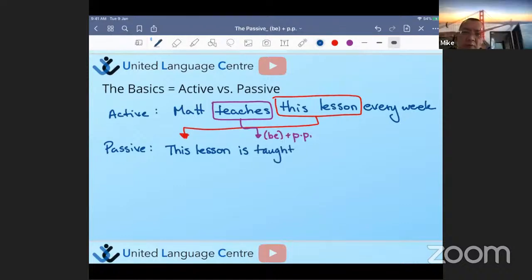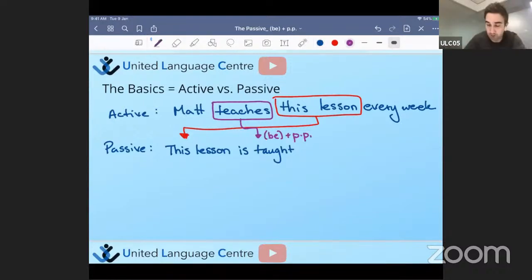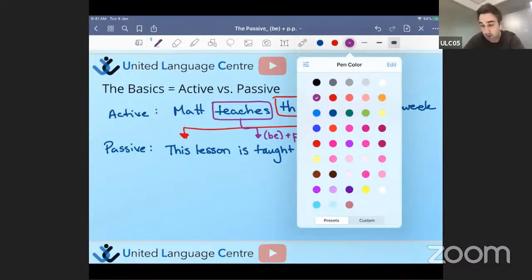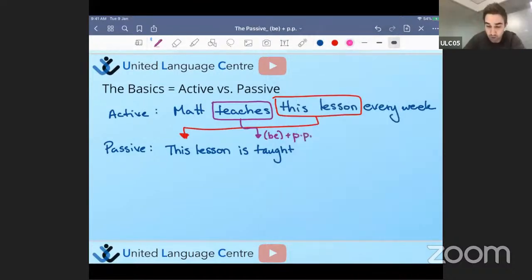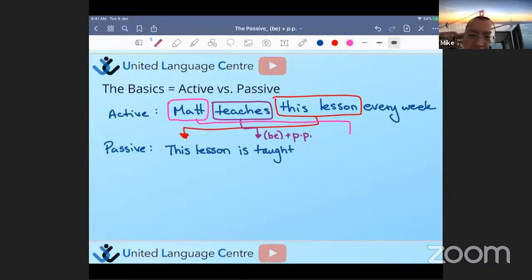This lesson is taught, and then if we want to introduce the doer or the subject, we need to use 'by'. So this lesson is taught by Matt.